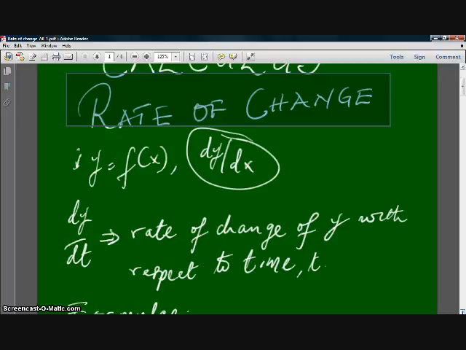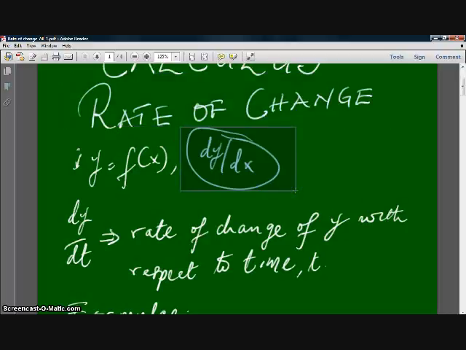As I have been doing in my lecture, I always mention this dy dx. For the sake of today's lecture, I would like to define dy dx as the rate of change of y with respect to x.